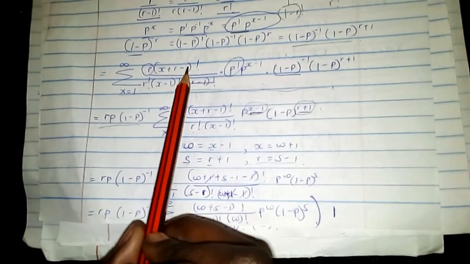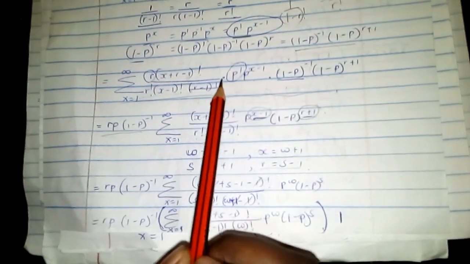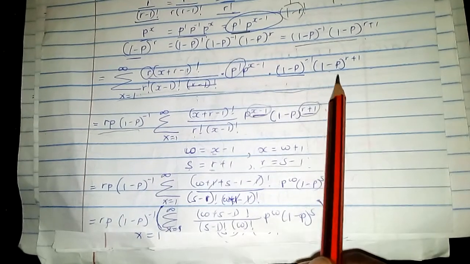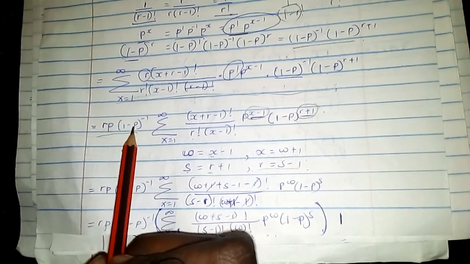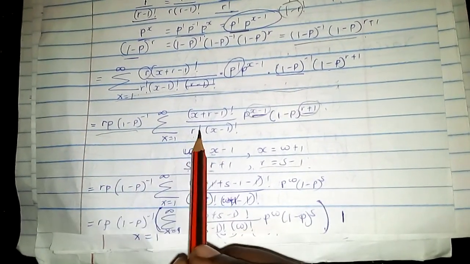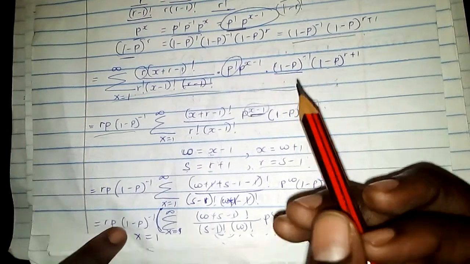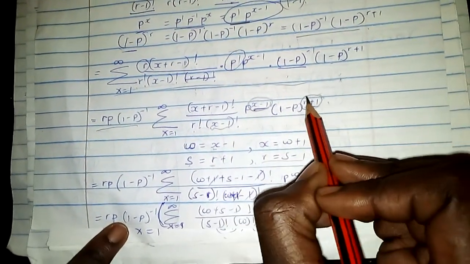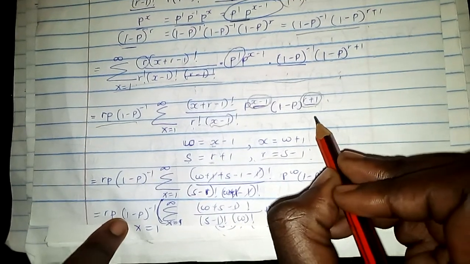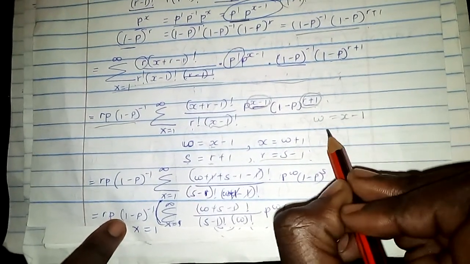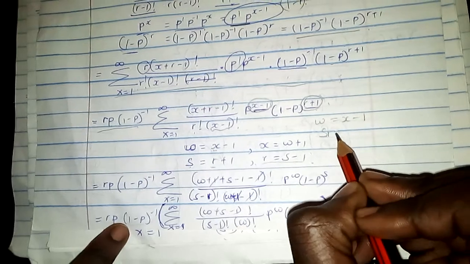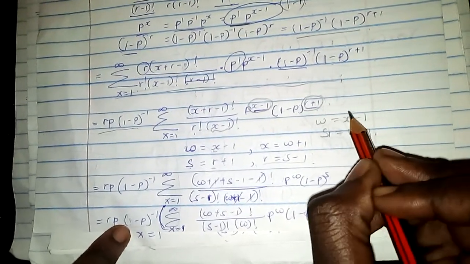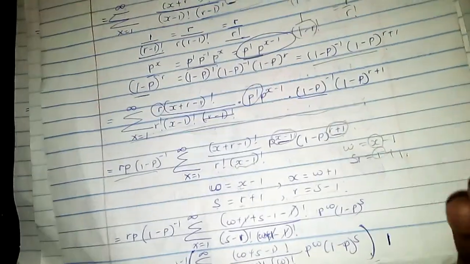So when you do substitution, we get this, and then we're going to pull out the constants from this function, where we have rp into 1 minus p into this. But to simplify our work, we shall let these powers be single letters. Let me say w is equal to x minus 1, and s is equal to r plus 1. So here we can make x and r subjects respectively.